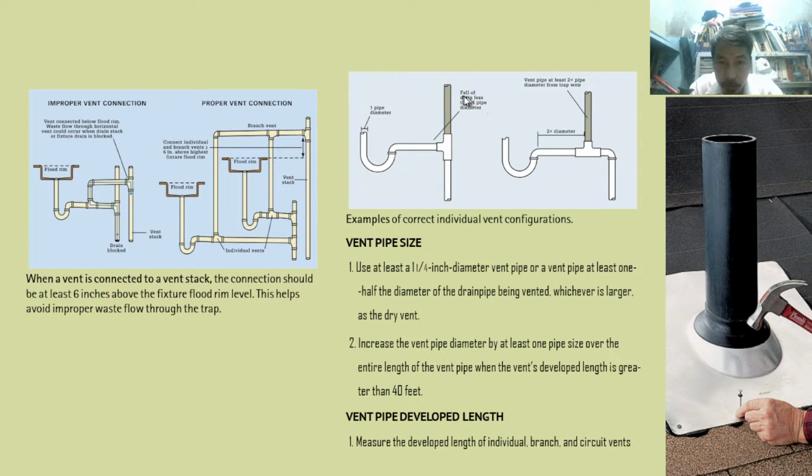So fall of drain less than 1 pipe diameter. So the fall of this, meaning the slope of this. So 1 pipe diameter. The diameter is 1 inch, so the slope must be 1 inch.